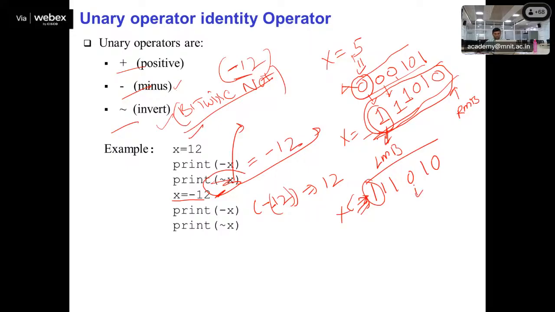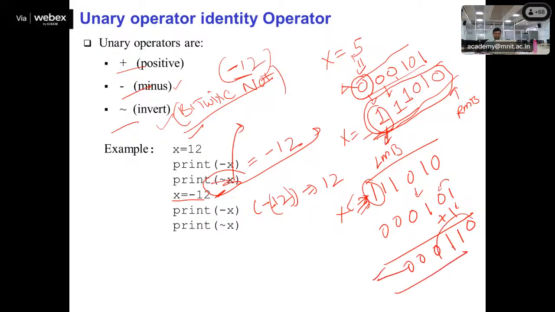So let us apply the 2's complement and see what value we get. So we get 0 0 0 1 0 1 as 1's complement, and add 1 to the 1's complement. So we get 0 1 1 0 with the carry going as a 1, 1 0 1, this will be 1 0 0 0. So this number is representing 6.